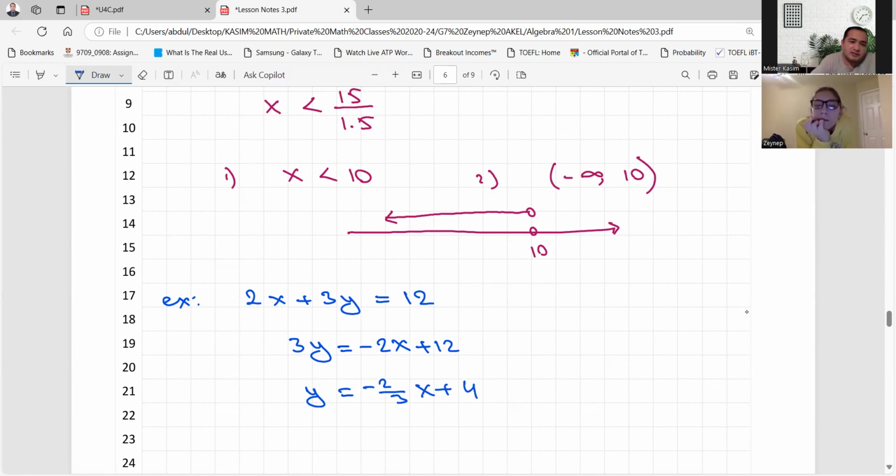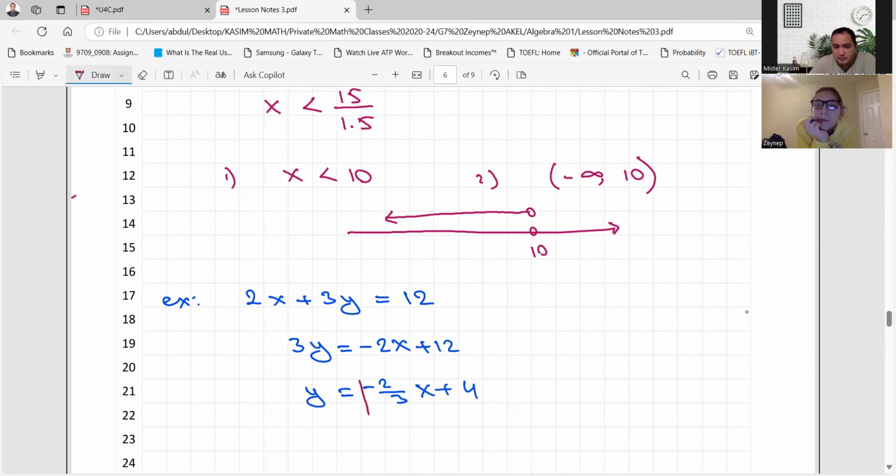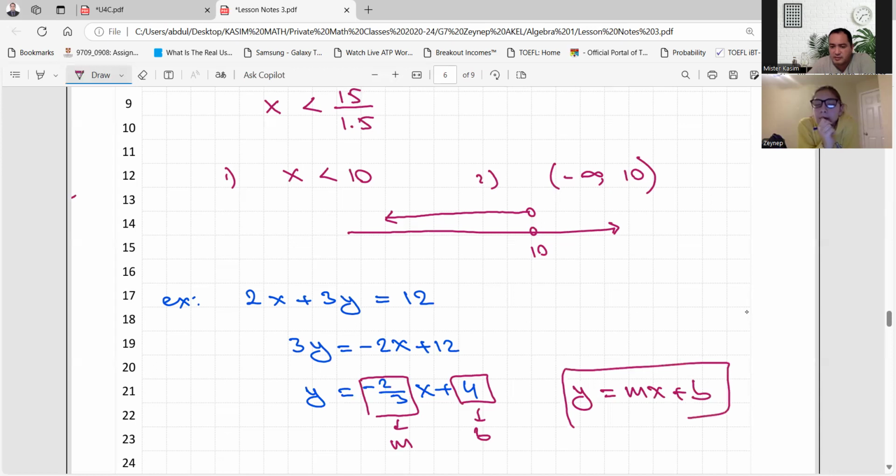Now you're going to see this equation a lot in the very near future, and it has a special name. This one is the slope, and this one is the y-intercept. This form is called slope-intercept form, mx plus b. Even last year you learned this. This year you're going to learn it again. Next year you're going to learn it again. Until you graduate from university, you're going to see this a lot.